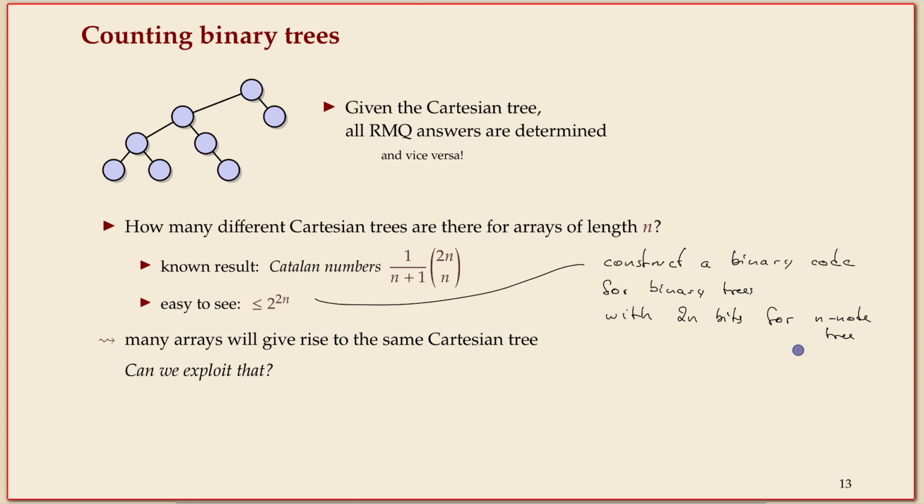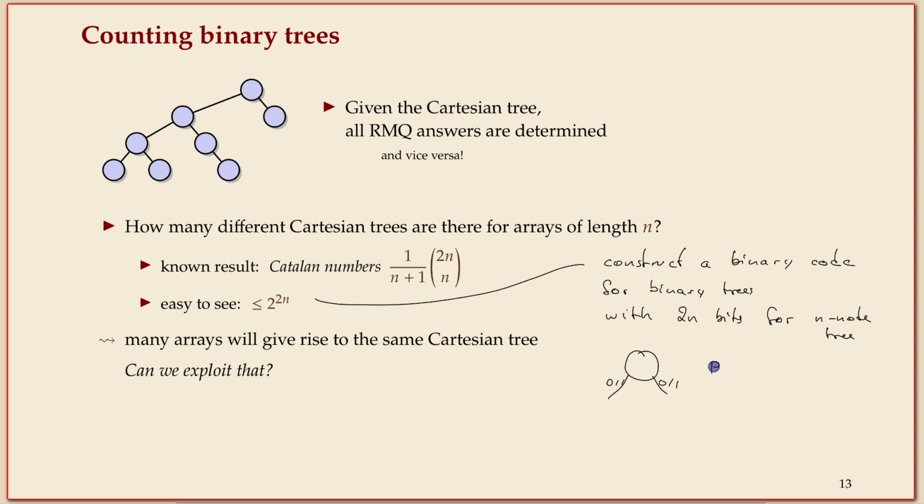How can we do this? Well, you can, for example, for each vertex, have 2 bits which tell you whether or not it has a left child and a right child. So every node has potentially a left child and a right child, and you store a 1 if it has a left child and 0 otherwise, and you store a 1 if it has a right child and 0 otherwise.